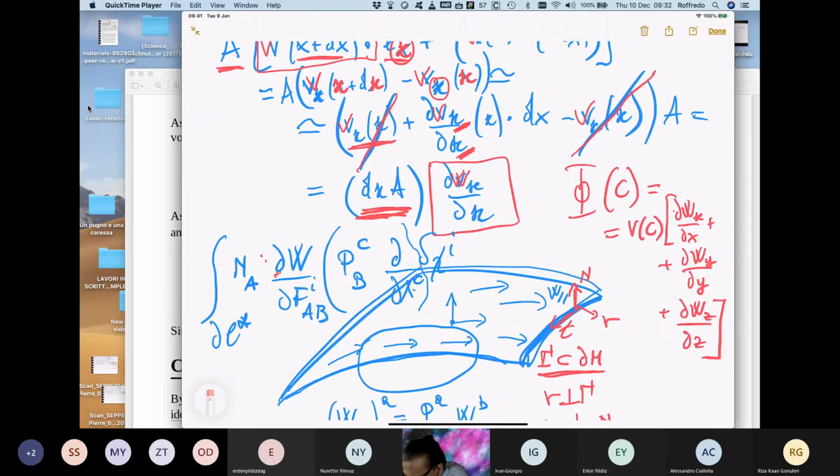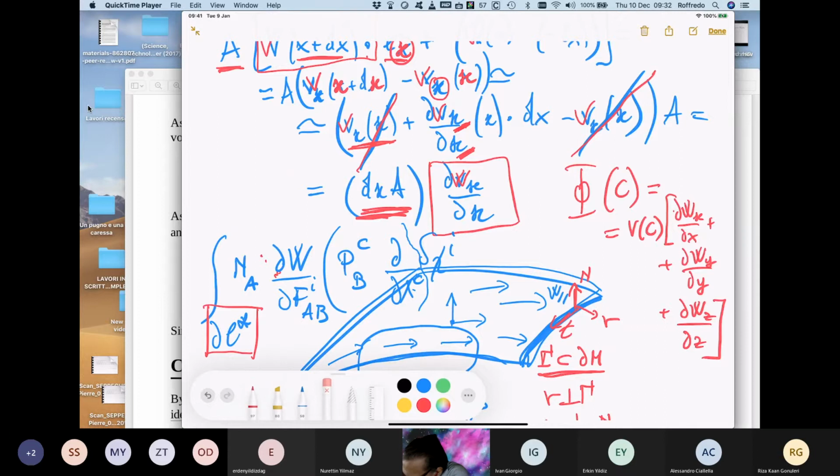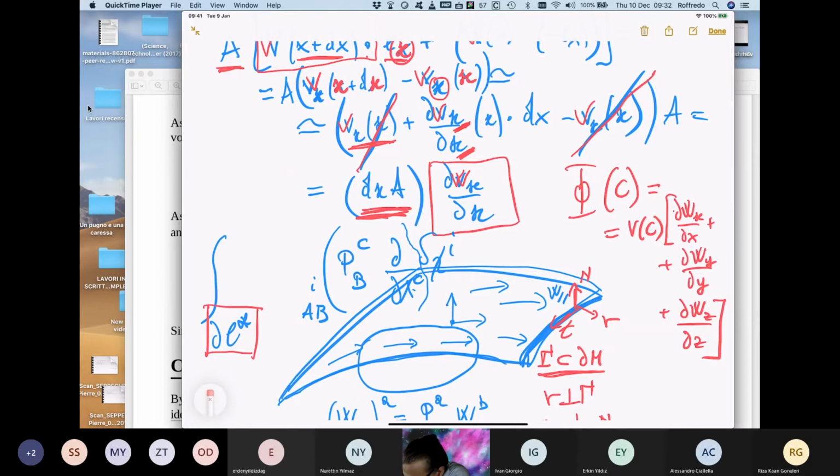I have, on the boundary of a surface of a volume, a surface integral of a quantity. Let's call this quantity S, with only the indices I and B, so we can call it in a short way S_IB.